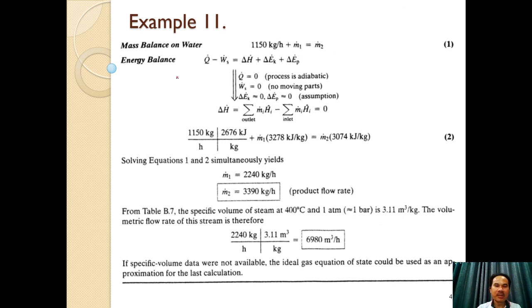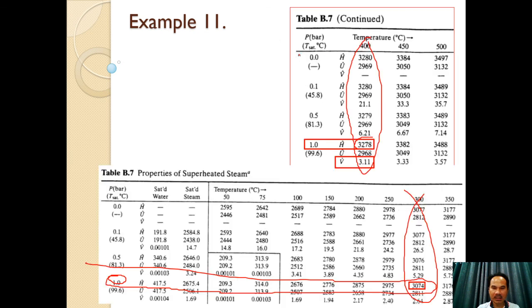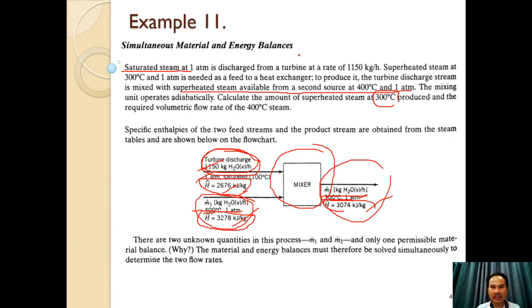And how about the energy balance? You call the general energy balance equation: Q minus W equals delta E, equal to delta H plus delta EK plus delta EP. For this case, there is no Q because it is an adiabatic process.